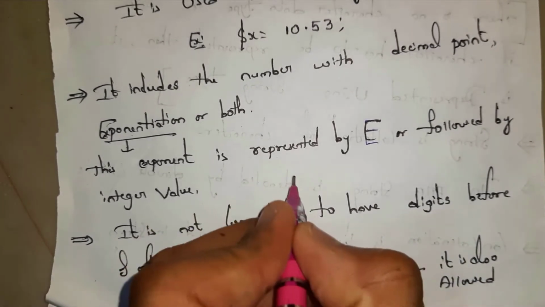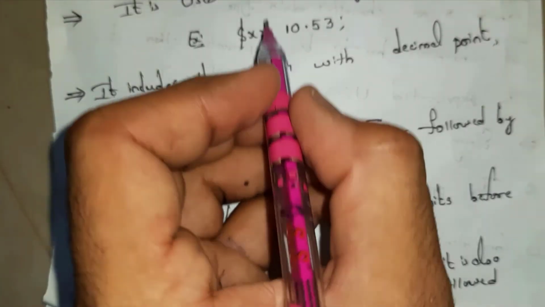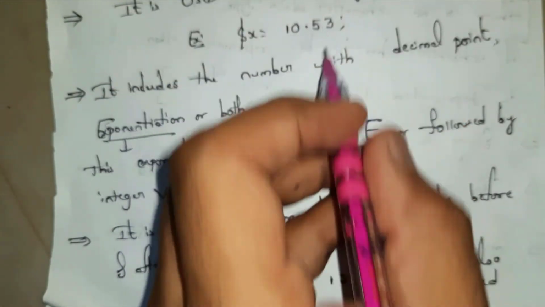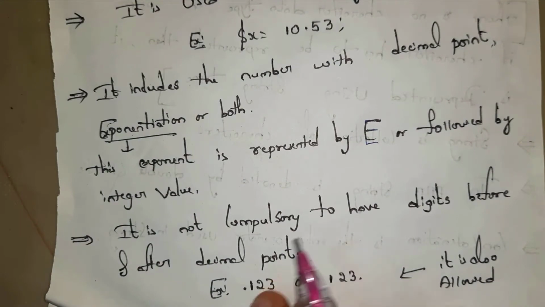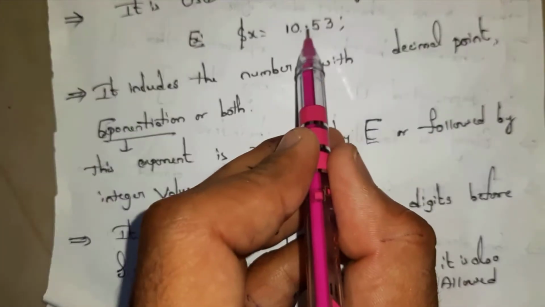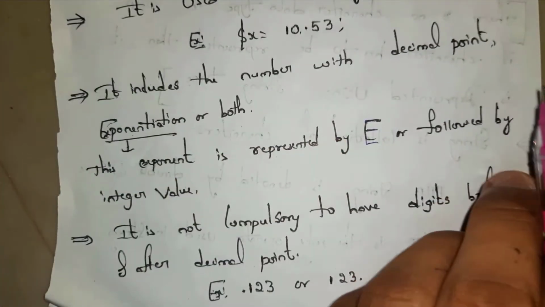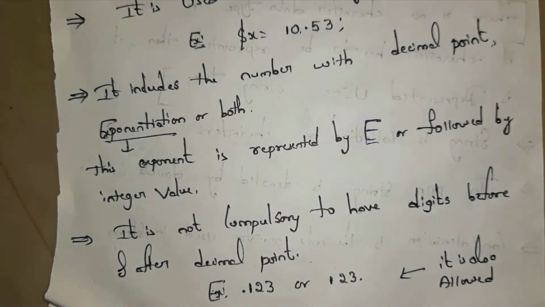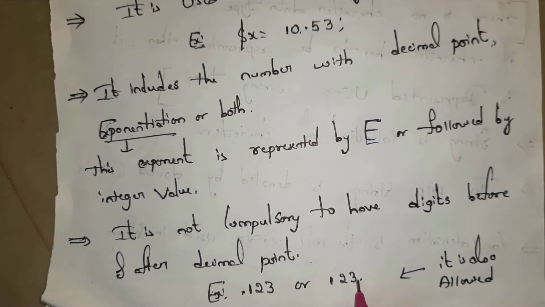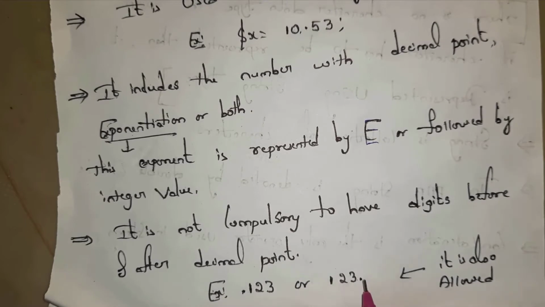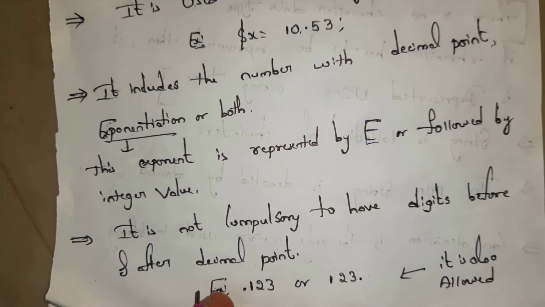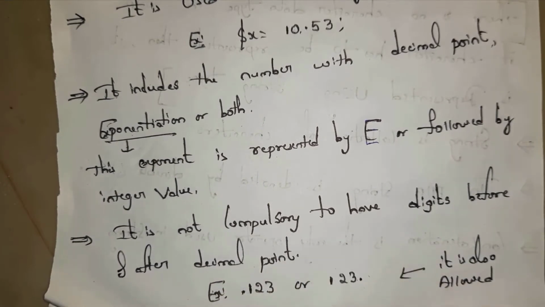For example, $x is equal 10.53. We can also write it like this, .123 or 123. We need not have numbers before and after the decimal point.